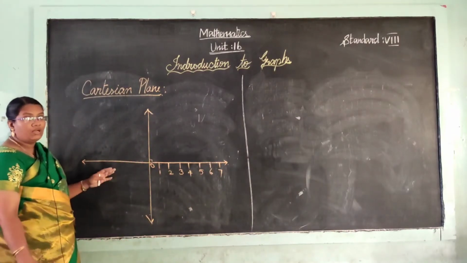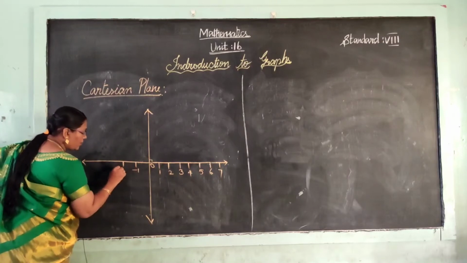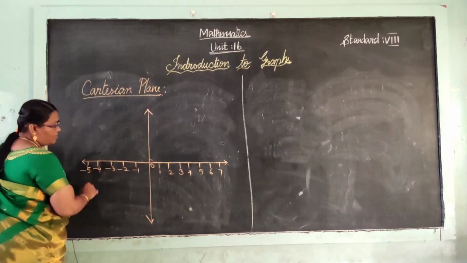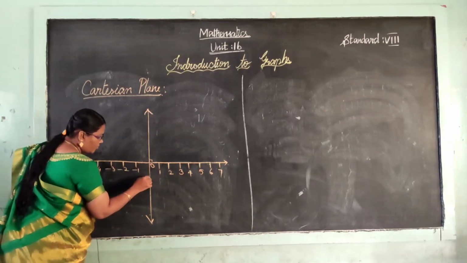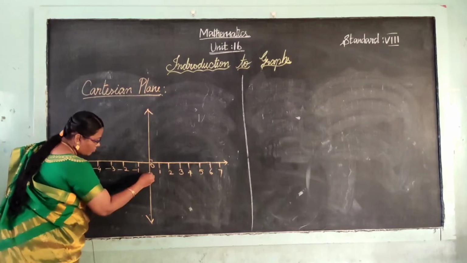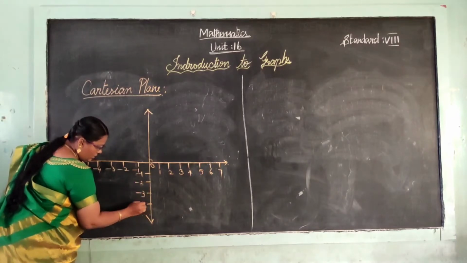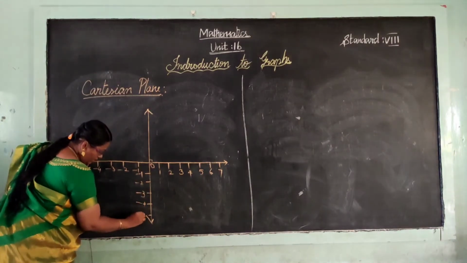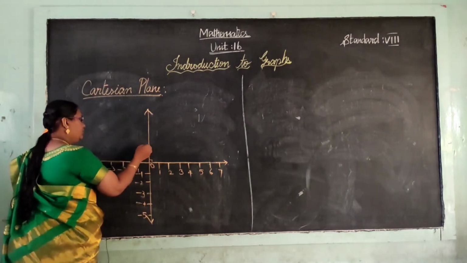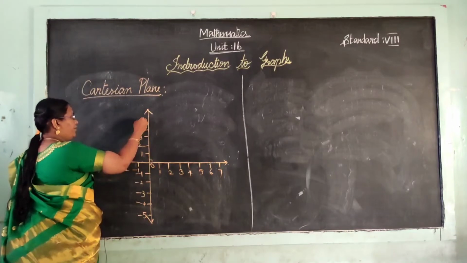Everyone should draw this diagram on graph paper. Mark -1, -2, -3, -4, -5, and on the positive side 1, 2, 3, 4, 5.